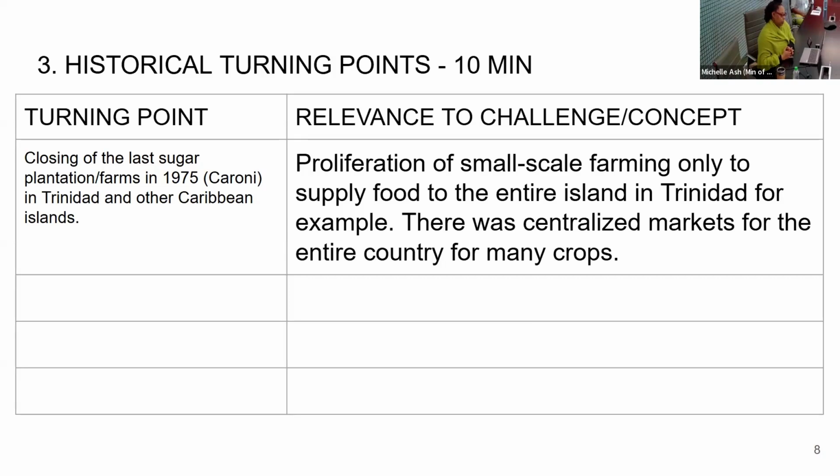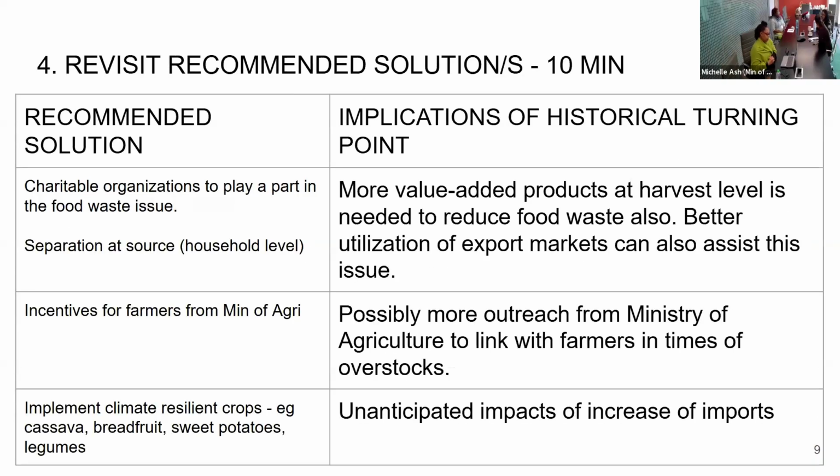So the challenge is that we have a lot of small scale farming alone. Our recommended solutions: we should have separation at the source at the household level, and consider the implications of the historical turning point. We probably need a lot more value added products at the harvest level to reduce food waste, and to better utilize our export markets.